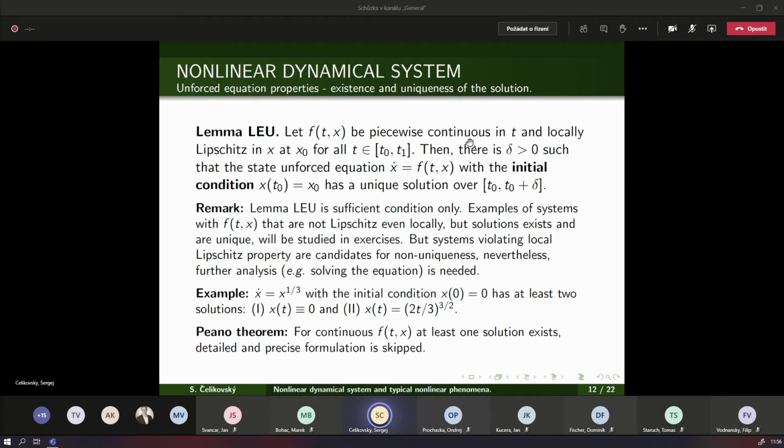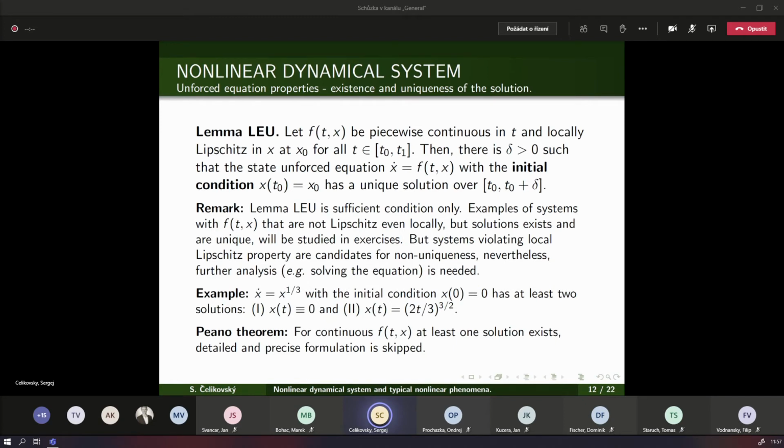Unfortunately, this formulation can guarantee only this typical mathematical claim that there exists some, possibly small, delta greater than 0. But the conditions are very simple: we just need the local Lipschitz property. Immediately there is a remark that this lemma gives only sufficient conditions, and we will study it in exercises, maybe not today, but next time.